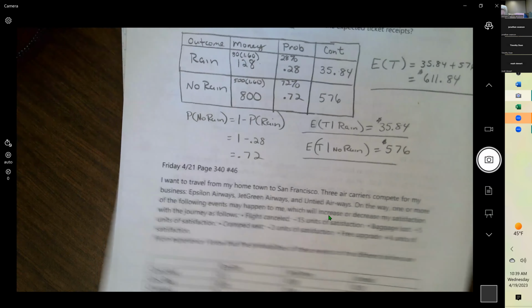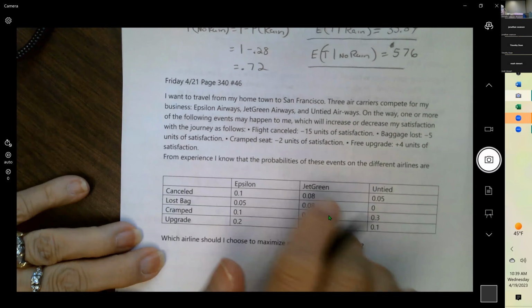This one, I printed it out on my sheet, but the problem is on page 340 and it's number 46.